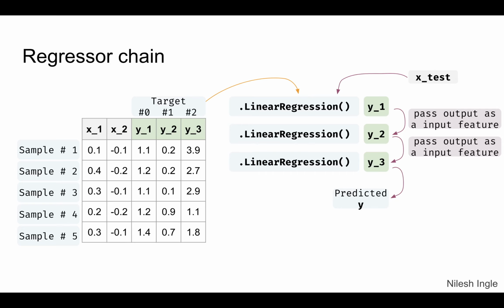One question you may have is: what is the importance of this chain in classification and regression? From the docs, what I've read is that this chaining takes into account the correlation between the targets, because we are using those targets as features in the models as we step through the chain. So that's the explanation for that.